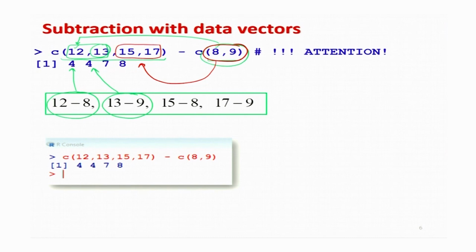So, it will become here 15 minus 8, this will become 7, and then 17 minus 9, which will give you 8. So, the third value in the data vector 1 will be operated with the so called first value in the data vector 2, and the fourth value in the data vector 1, which is 17, will be operated with the second value in the data vector 2.